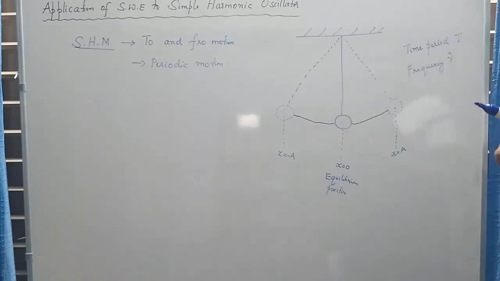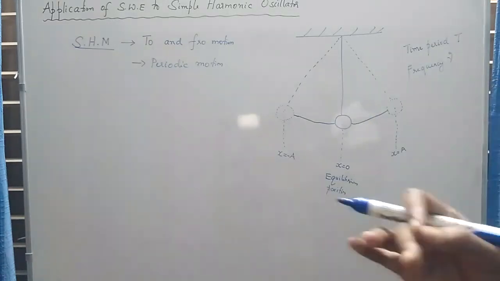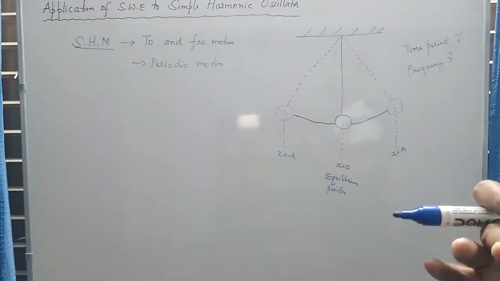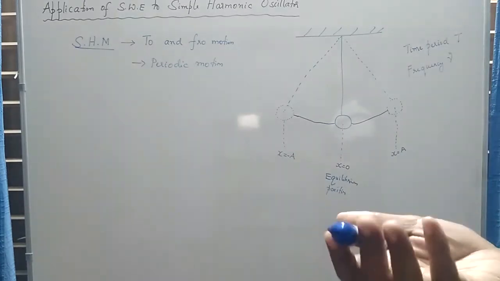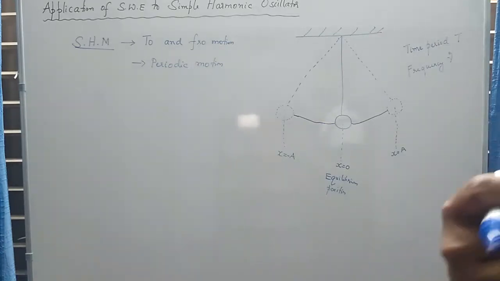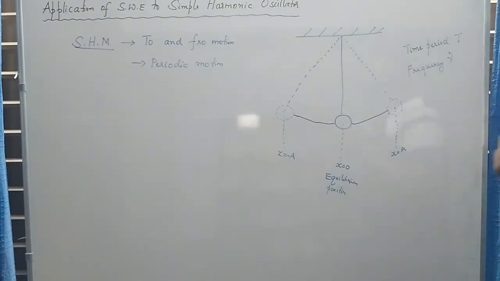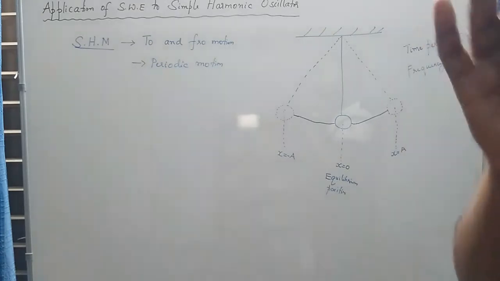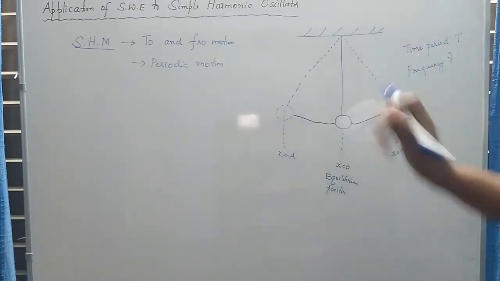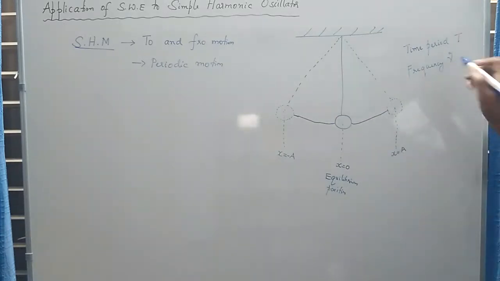For example, if frequency is 10 to the power 4 or 10,000, it means the particle has completed 10,000 cycles of such motion in 1 second. That is the definition of frequency.